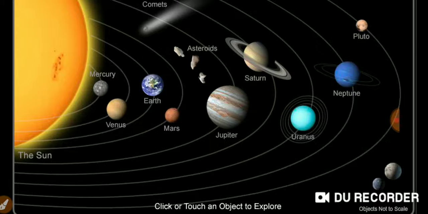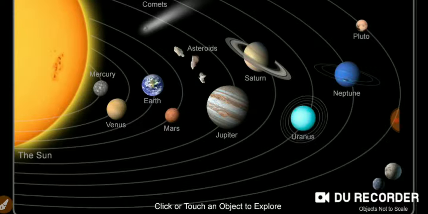So now we will go to the next planet, that is called Mars. Mars is also called a red planet because of the presence of iron oxide, and Mars is also tilted on the pole by 25 degrees, due to which the seasons change on Mars too.